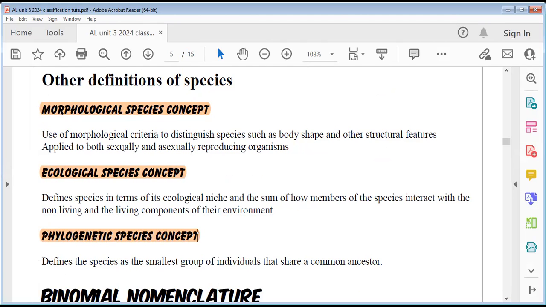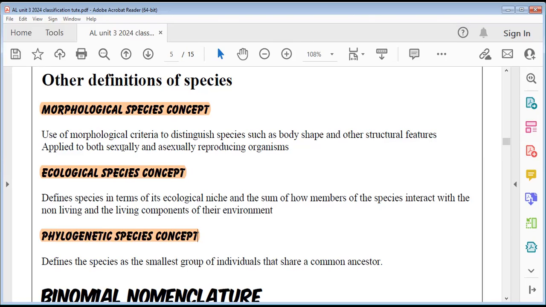The thing is, any one of these is not as accurate as the biological concept. The biological concept is the accurate way, but we have limitations for that.